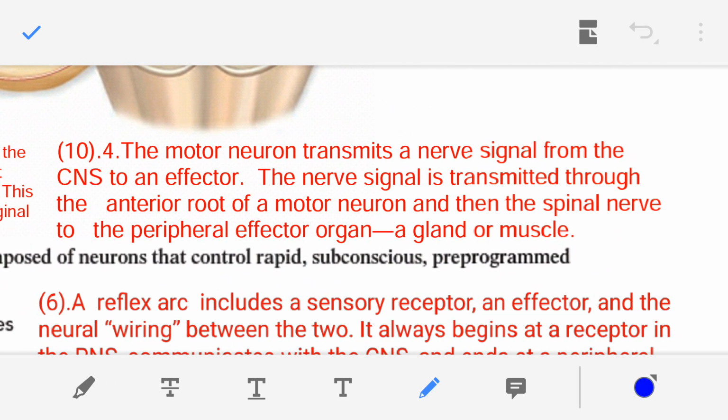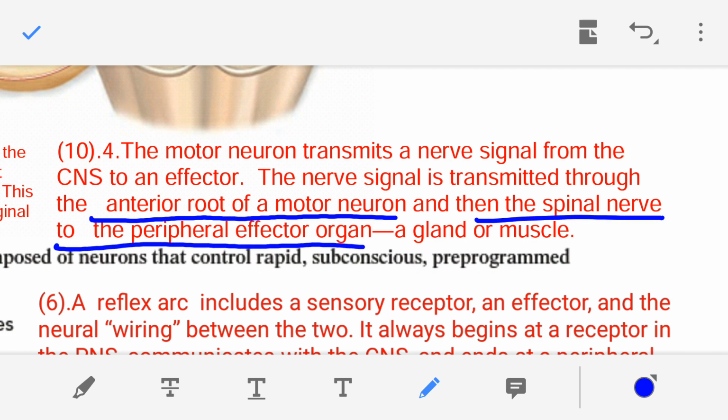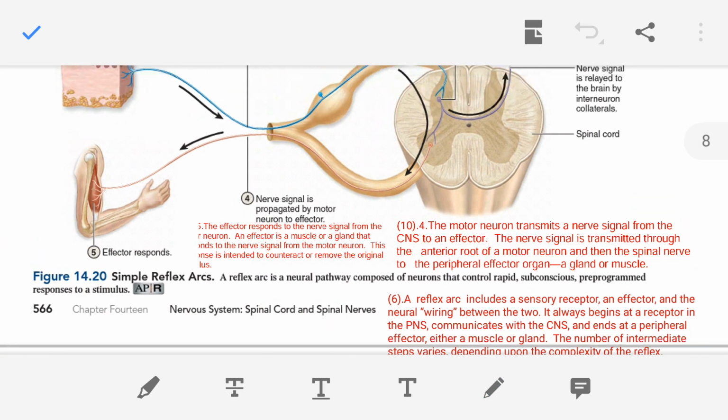As we have discussed, the motor neuron transmits a nerve signal from the CNS to an effector organ. The effector organ is the muscle or the gland of our body, and the CNS is either a brain or a spinal cord. Now the signal is transmitted to the anterior root of a motor neuron, and then through the spinal nerve to the peripheral effector organ, a gland or muscle.